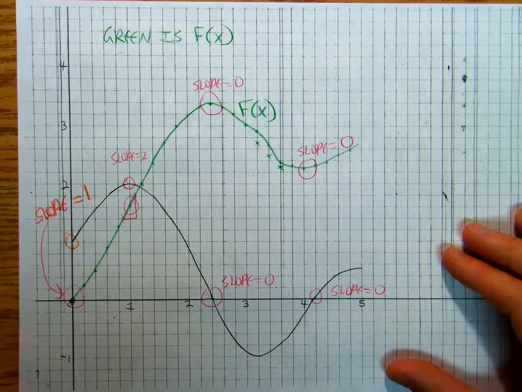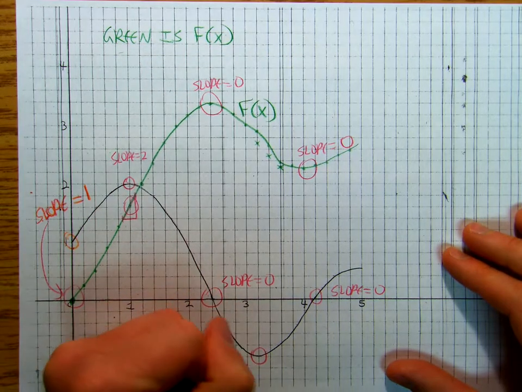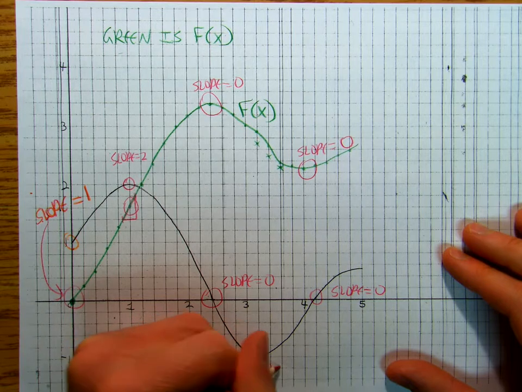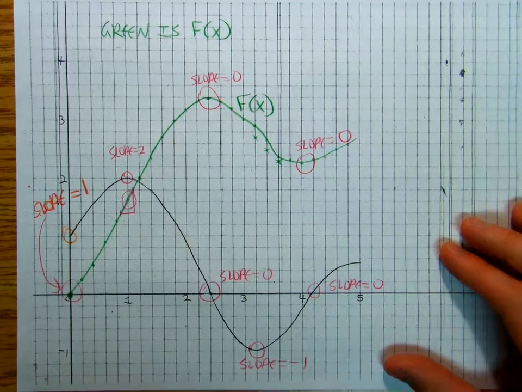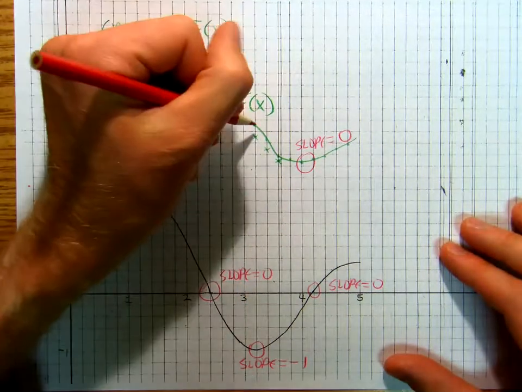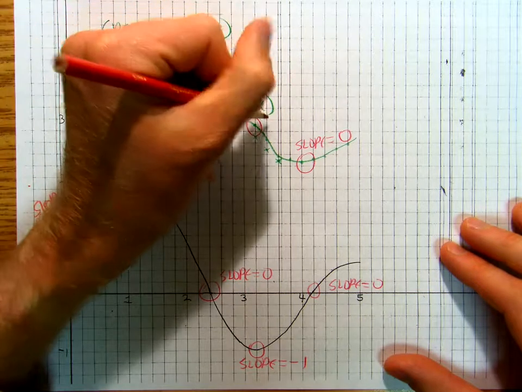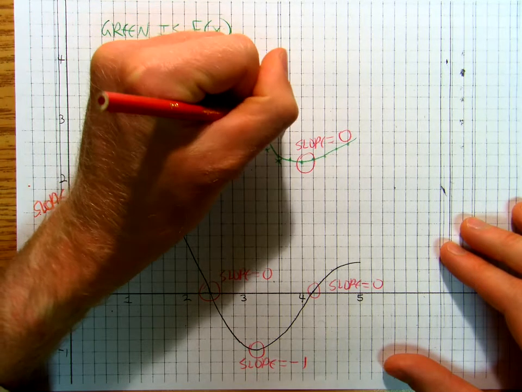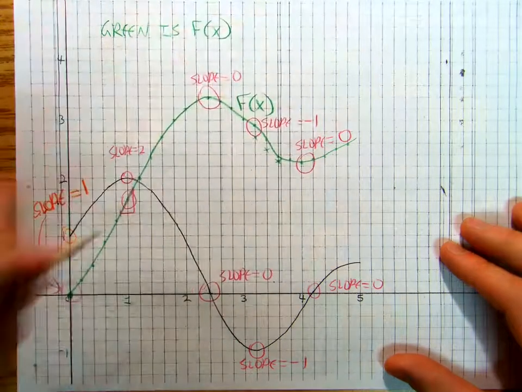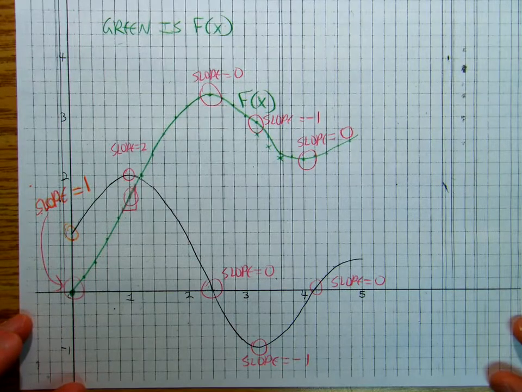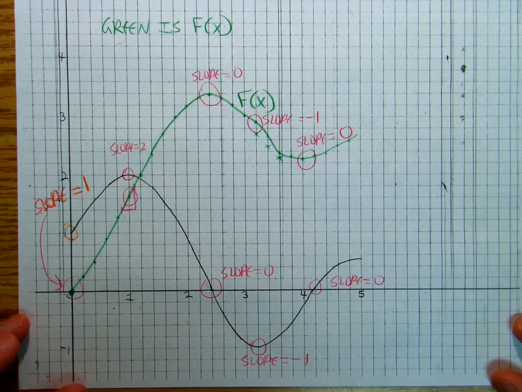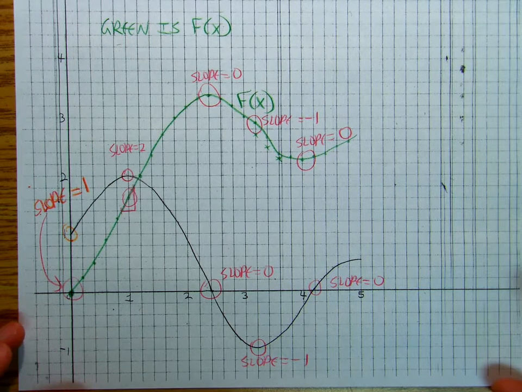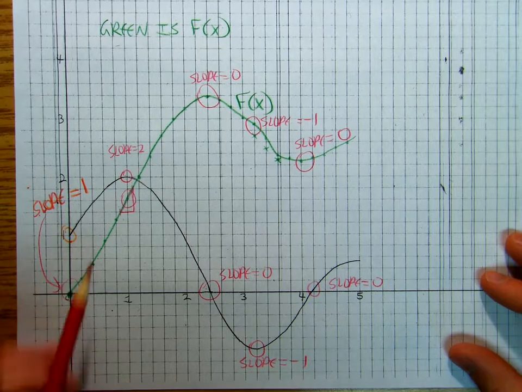And somewhere in there, slope 0. Then here the slope equals -1. And right up here, my slope equals -1.